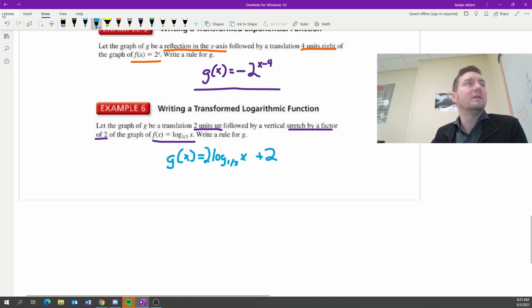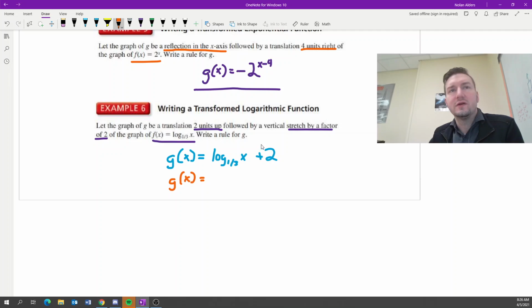And now, guys, be careful on this one. We're multiplying the whole thing by 2, because we moved it up 2 first, and then we're going to have a vertical stretch. So we have to multiply this whole function by 2. So really this becomes g of x, and that's why order matters on these sometimes. So we went 2 up first.